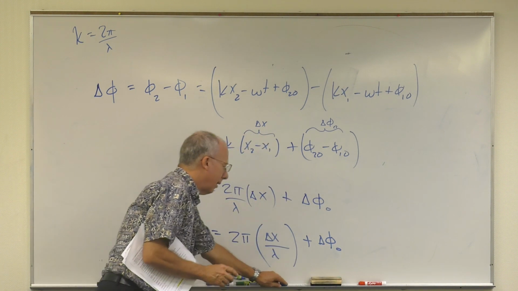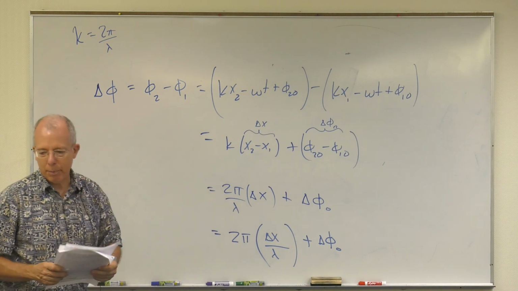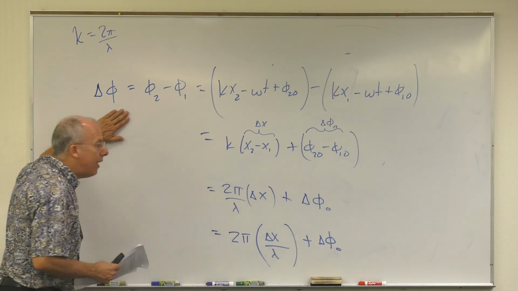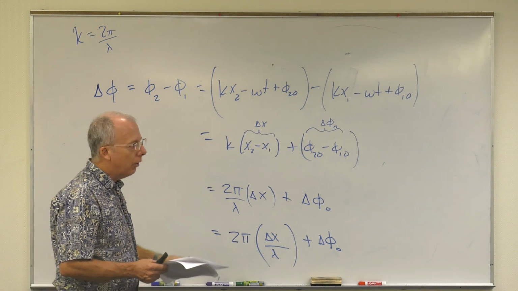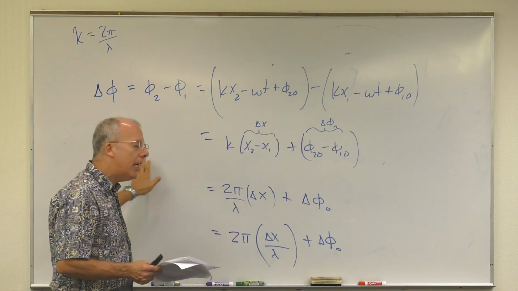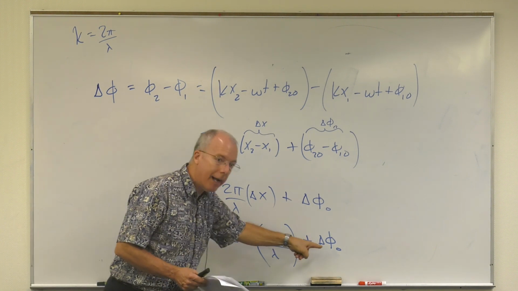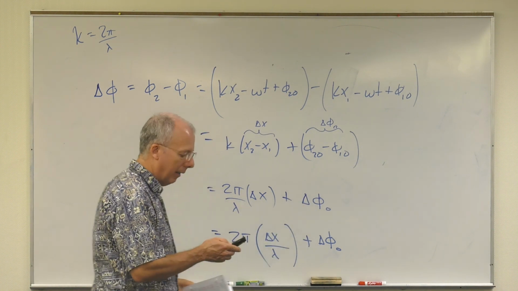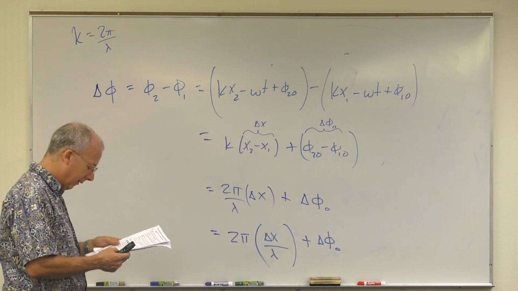Now, if you've been paying attention, you should be super impressed right now. We calculated the phase difference, right? Now, what did we learn about 5 minutes ago? We learned that the only way you can have a phase difference is if you have a path difference and a phase constant difference, right? That's what we went through those 3 examples of. So there it is. There's the math.